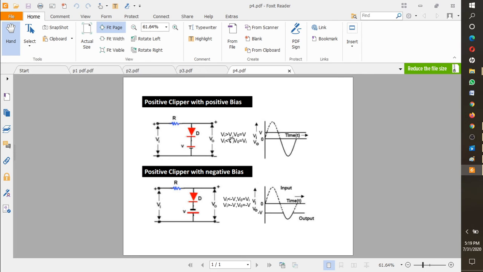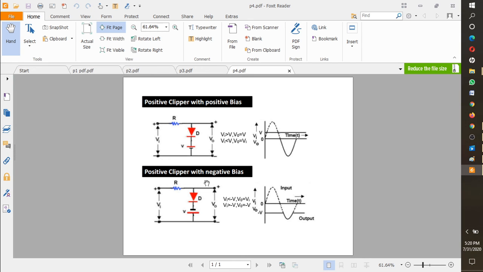For Vi greater than V, the diode is forward biased and, as we have discussed earlier also, the output will be equal to the reference voltage V. And for Vi less than V, the diode is reverse biased, and as a result we will get input voltage as it is at the output.